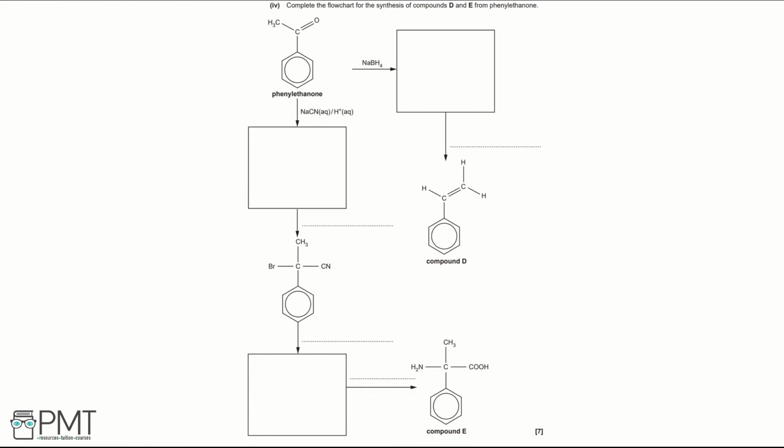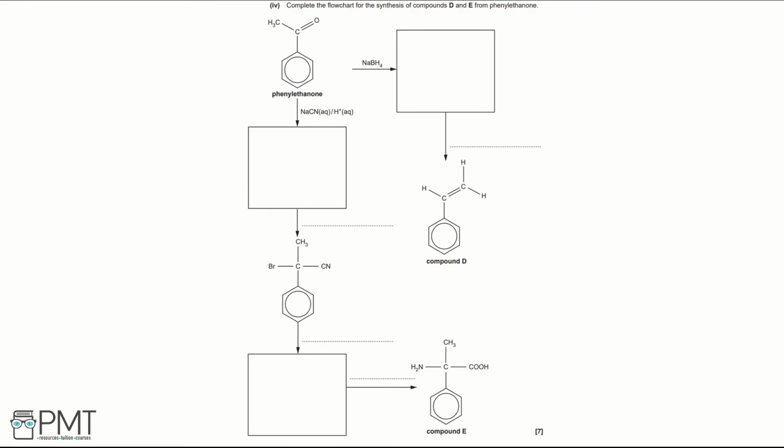Part 4. Complete the flowchart for the synthesis of compounds D and E from phenylethanone. This question involves you learning your reaction map. The reaction map can be found on the website for the specification. So, firstly, with phenylethanone and NaBH4, this is nucleophilic addition.